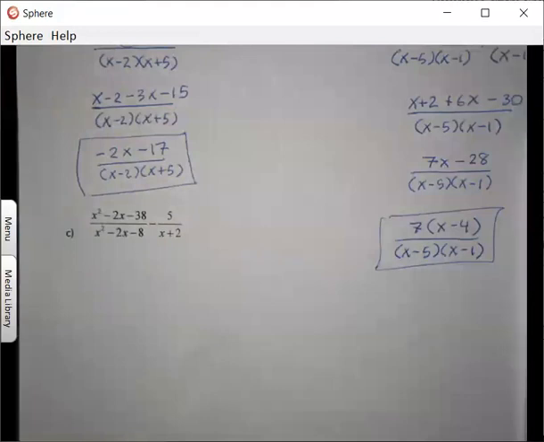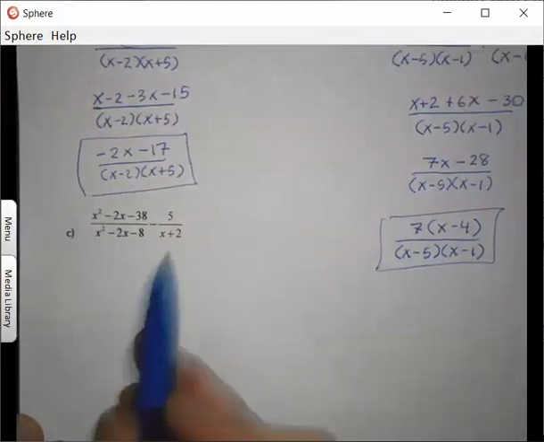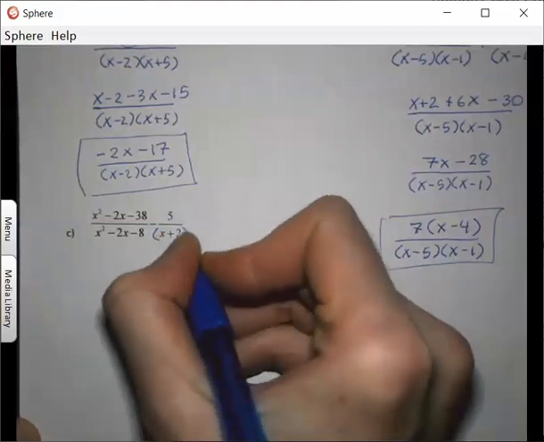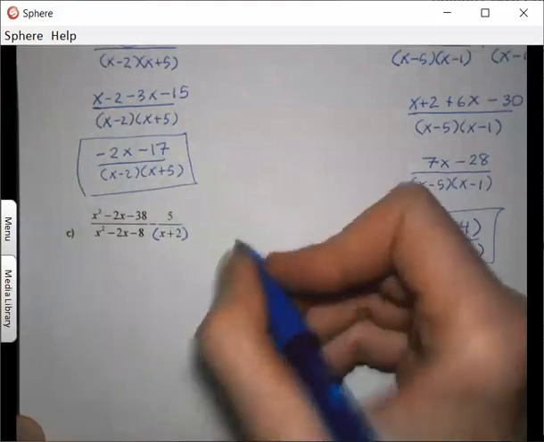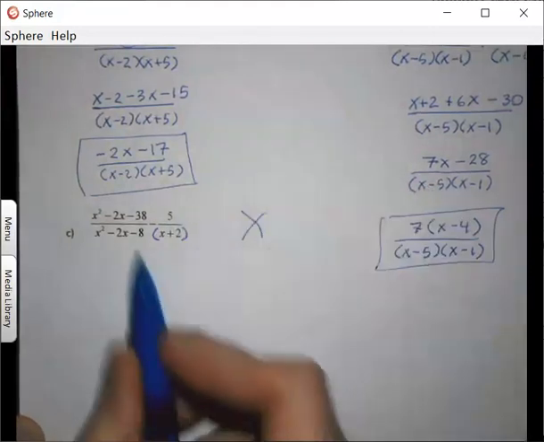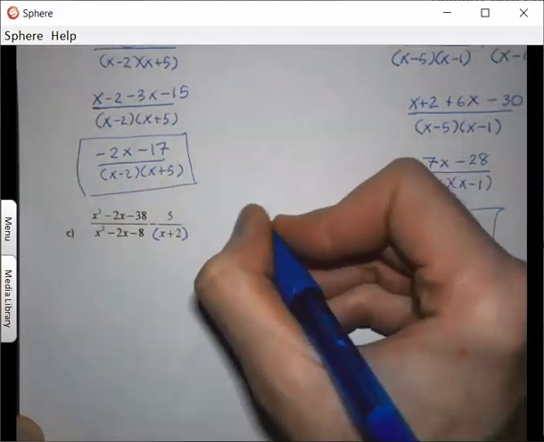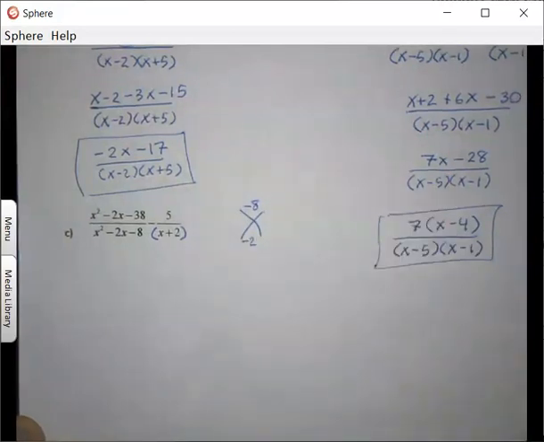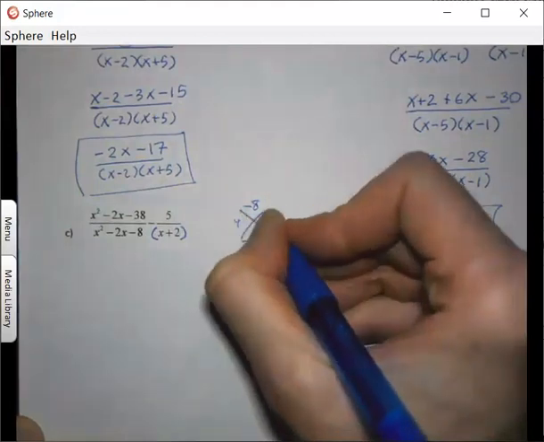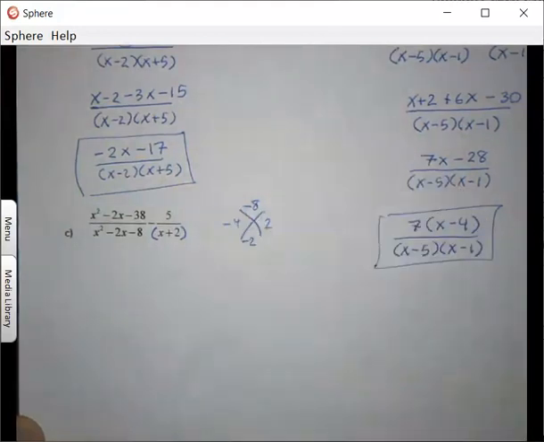So 1, we want to make sure our denominators are factored. So x plus 2 is fine, nothing we can do there. We can definitely factor this, so I'll do a diamond problem. Minus 8 on the top, minus 2 on the bottom. 4 times 2, negative 4 times 2 is negative 8.